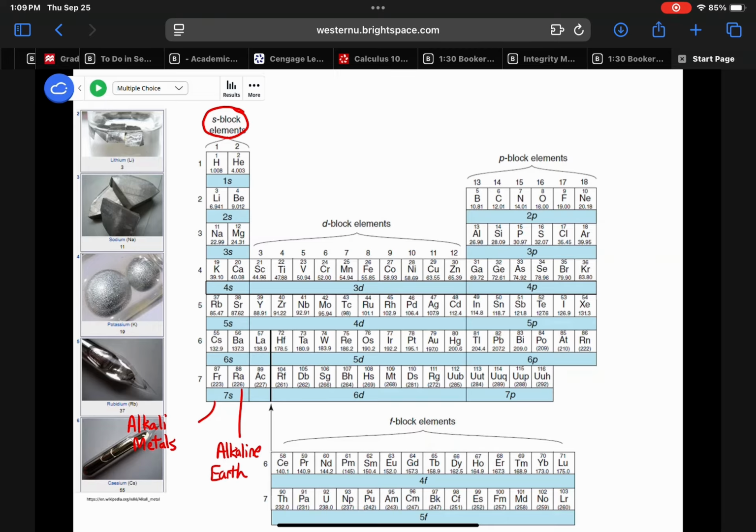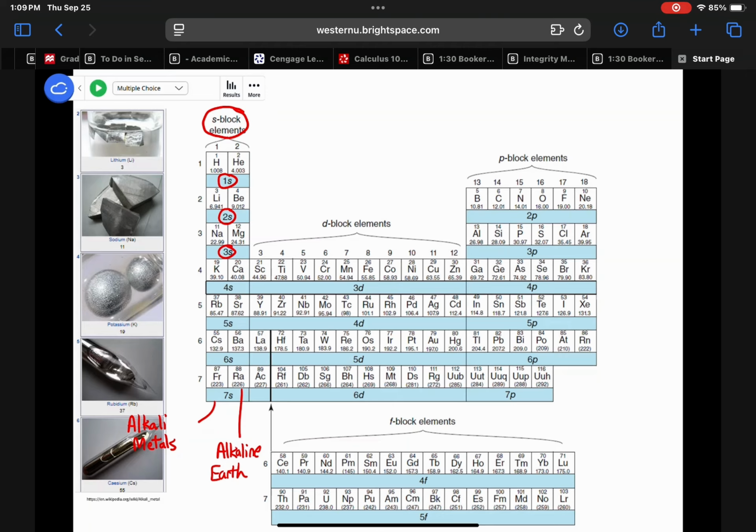Not because we like making you memorize stuff, but so that when we talk about an alkali metal, you know what we're talking about. So we can use the same scientific language. So we have the S block on the left-hand side. Remember, the S starts at 1s, 2s, 3s, and as we go down the periodic table, it increases.